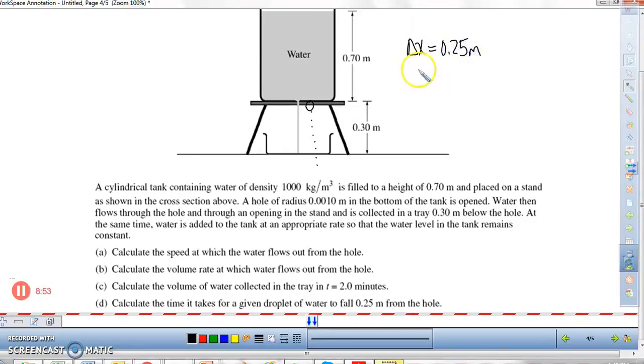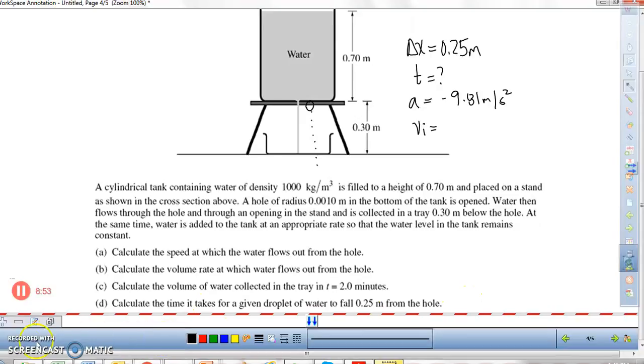We're looking for time. The acceleration is that of the acceleration due to gravity. And then the initial velocity is given in the problem. So calculate the time it takes for a given droplet to fall from the hole.